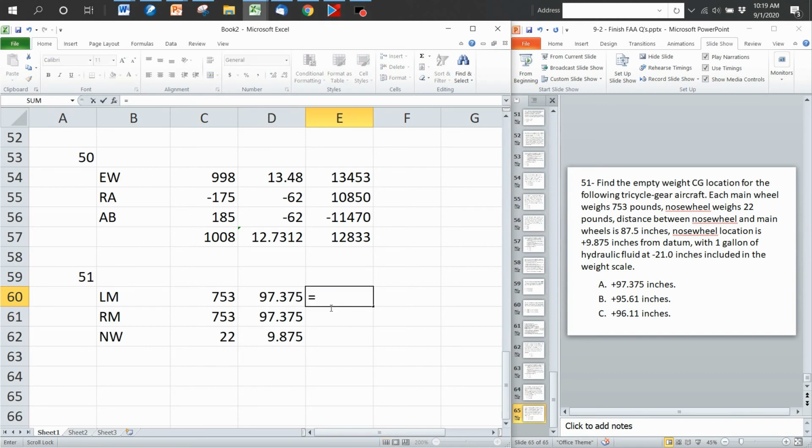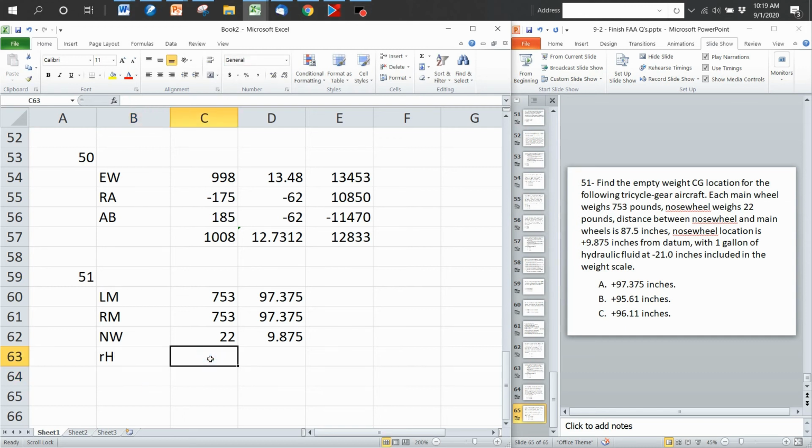All right, we're going to go ahead now and, oh, we got one problem, don't we? Because they gave us this whole scenario. This will give us the basic aircraft, but now we have a gallon of hydraulic fluid at minus 21 inches included in the weight scale. And if there's a gallon of hydraulic fluid at minus 21 inches, and we want to remove the hydraulic fluid, right?